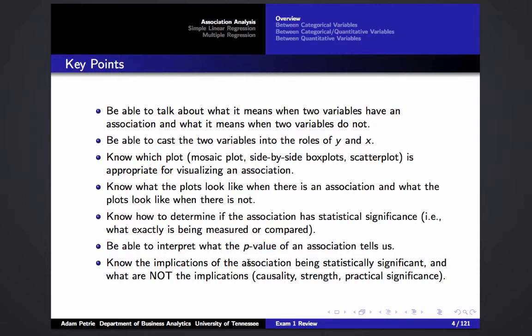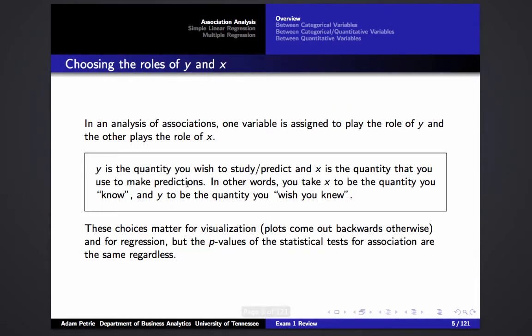So at the end of the day, after the analysis of an association has been done, we'll either conclude that the association has or does not have statistical significance, and whether or not it has practical importance or practical significance to us. So know what the implications are when an association is statistically significant, and also know the implications when the association is not statistically significant.